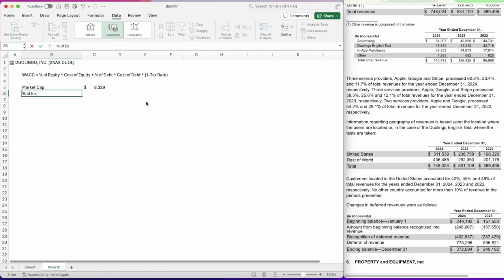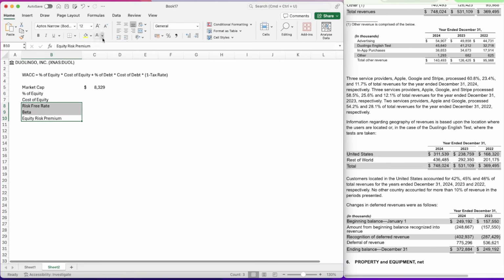We want percentage of equity. We can't do anything with this yet. The cost of equity is next, and that consists of the risk-free rate, the beta, and the equity risk premium. And we want percentage of debt, cost of debt, the tax rate.